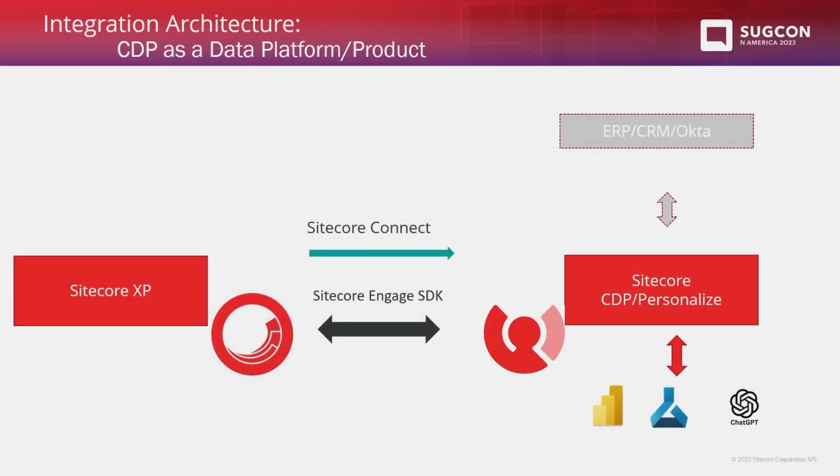And so if we look at really possible implementation of composable architecture, we can use Sitecore CDP as a data product. And that's one way to do it. This is truly the easiest way to implement integration between Sitecore XP and Sitecore CDP Personalize.